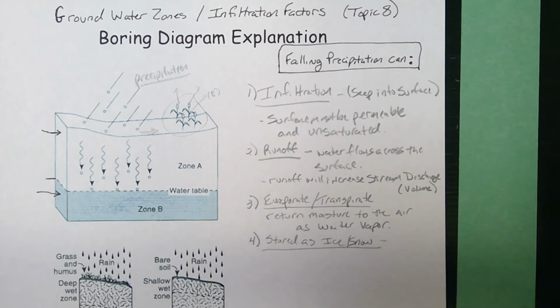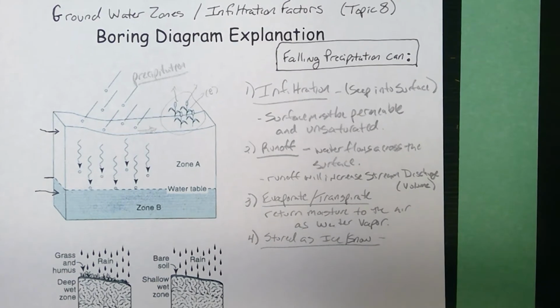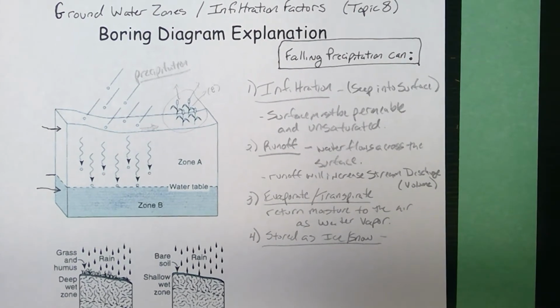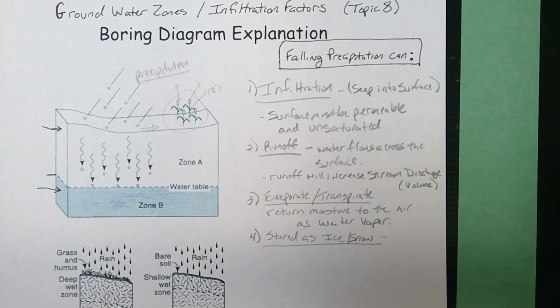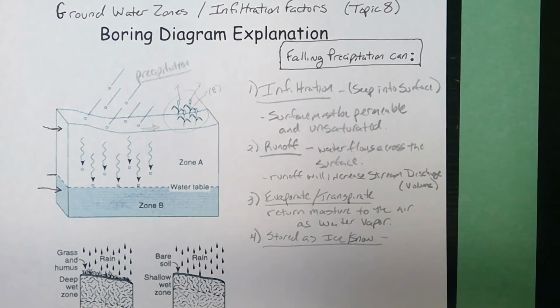Okay? At the poles, it might be stored for hundreds of thousands of years. But usually, for us, the moisture, the snow, the ice is going to melt frequently in the spring. That's one of the reasons why you have the highest level waters, the highest stream discharge in the spring. So it's going to be temporarily stored as snow and ice.